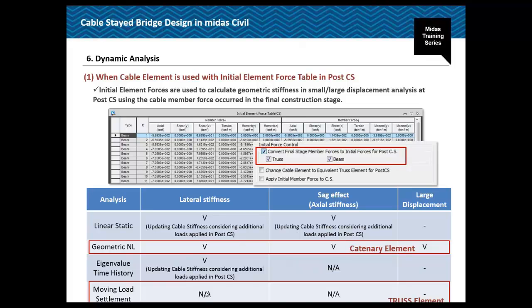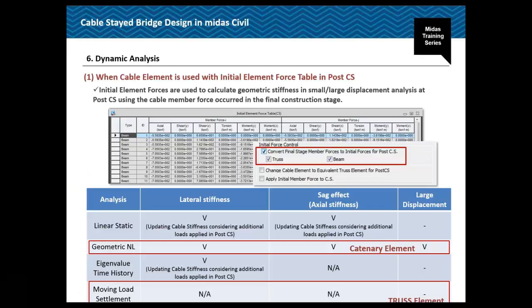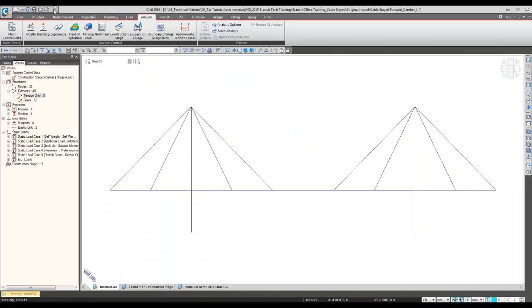And moving load analysis could be one of the typical types of analysis in the post-CS, but we could not consider the sag effect or lateral stiffness, which means that even though we model this cable element, when we perform the moving load analysis, the element will be just like the truss element, not equivalent truss, not the true catenary. It's just like the truss. I mean the element type is truss.